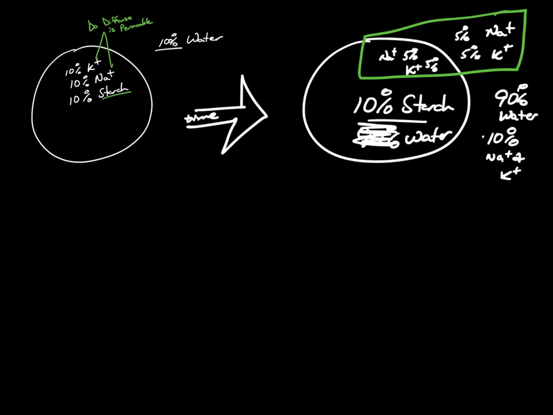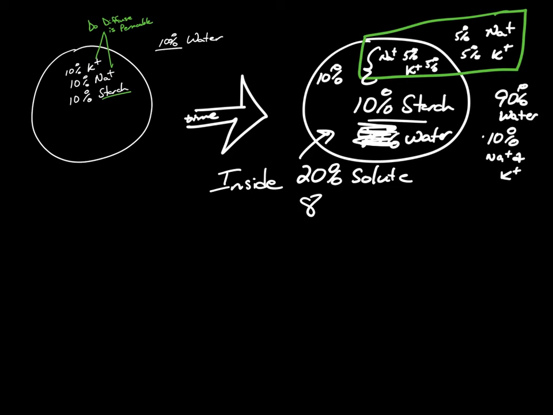If we look at 10% starch, but then these two add up to 10%, so it's 20% solute inside, and of course that means it's 80% water.